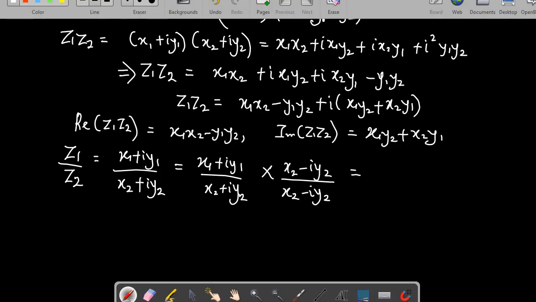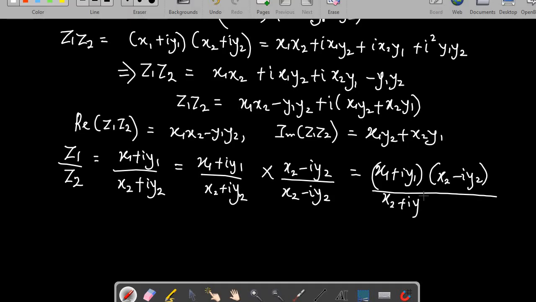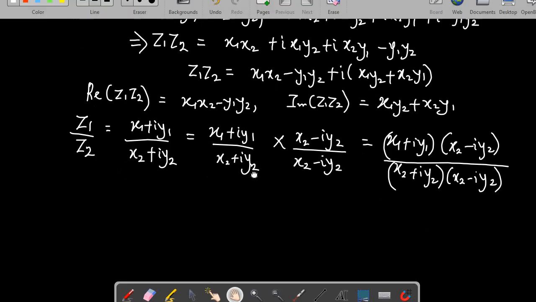Now let's expand this. This will be x1 plus iy1 multiplying x2 minus iy2, okay? Then divided by x2 plus iy2 multiplied by x2 minus iy2, okay? So let's simplify this further.